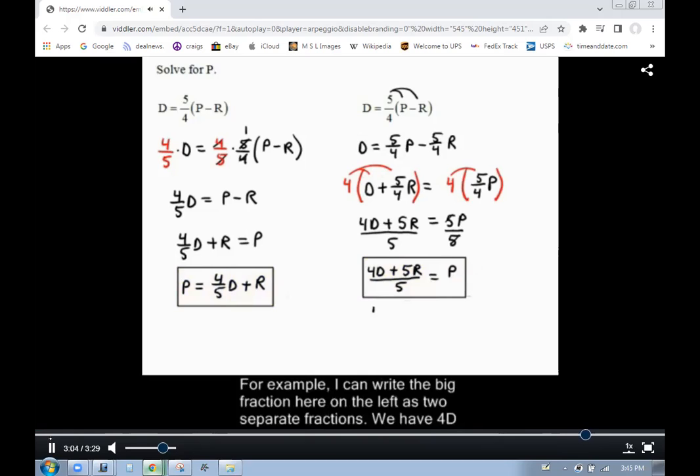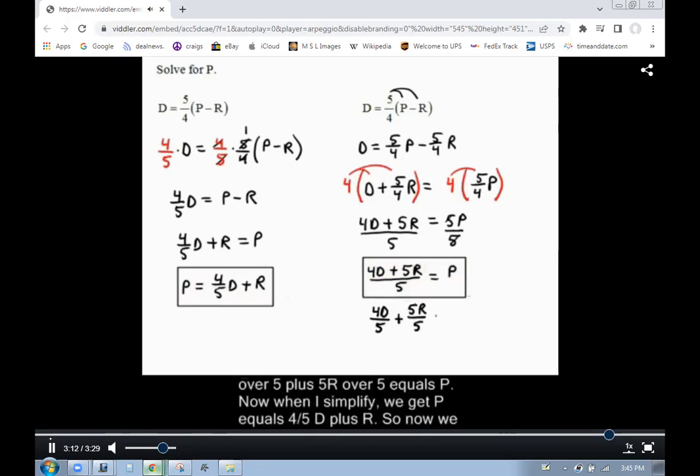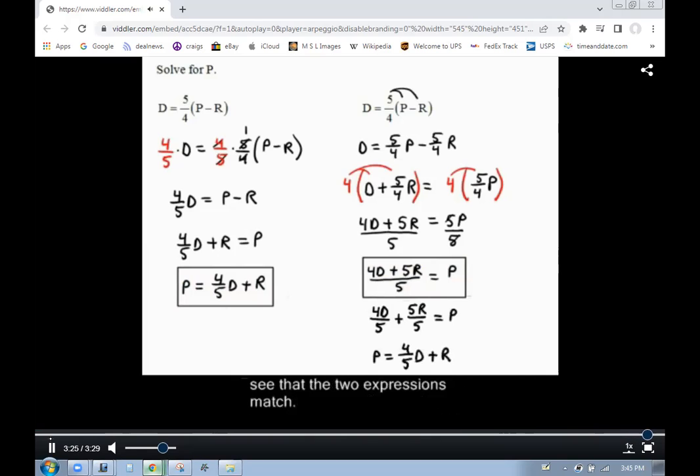We have 4d over 5 plus 5r over 5 equals p. Now when I simplify, we get p equals 4/5 d plus r. So now we see that the two expressions match.